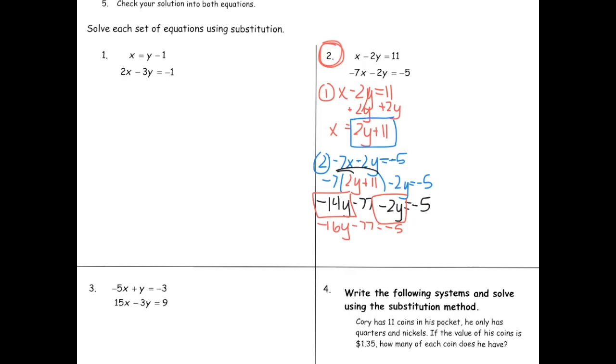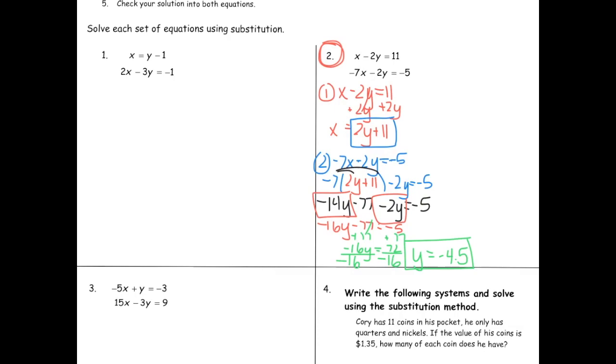All right, no terms left to combine, so add 77 to the other side, and we have negative 16y is equal to positive 72. And if we divide both sides by negative 16, what do we get, people? I'm going to ask my calculator. 72 divided by negative 16 is negative 4.5. So y is equal to negative 4.5.